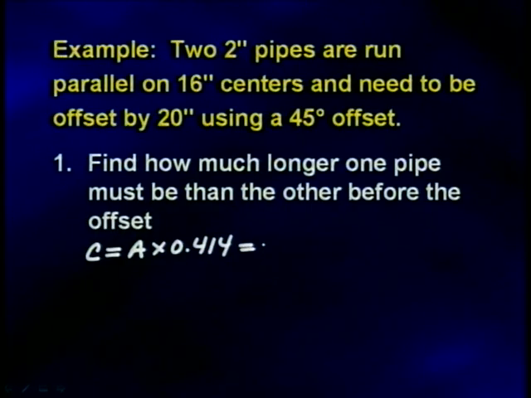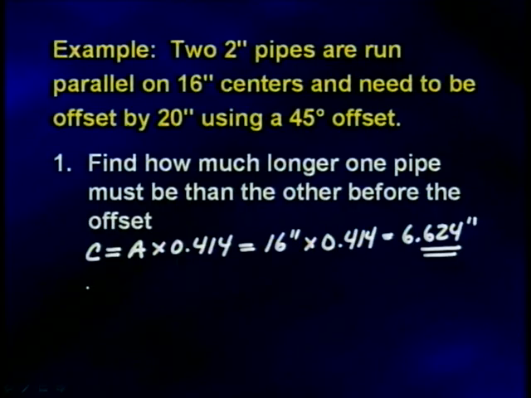A, in this case, the distance between the pipes is 16 inches. So we're going to multiply 16 times 0.414, which comes out to be 6.624 inches. Can't leave the 0.624, so we'll round that to the nearest eighth this time.